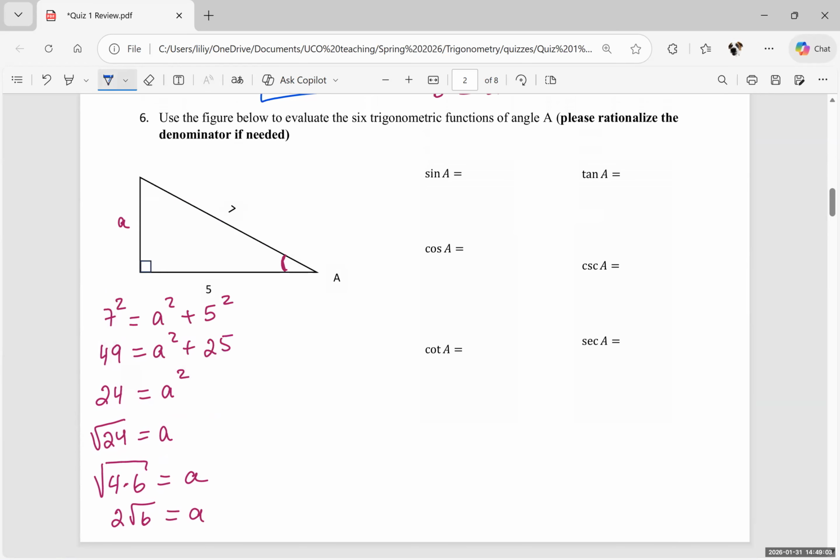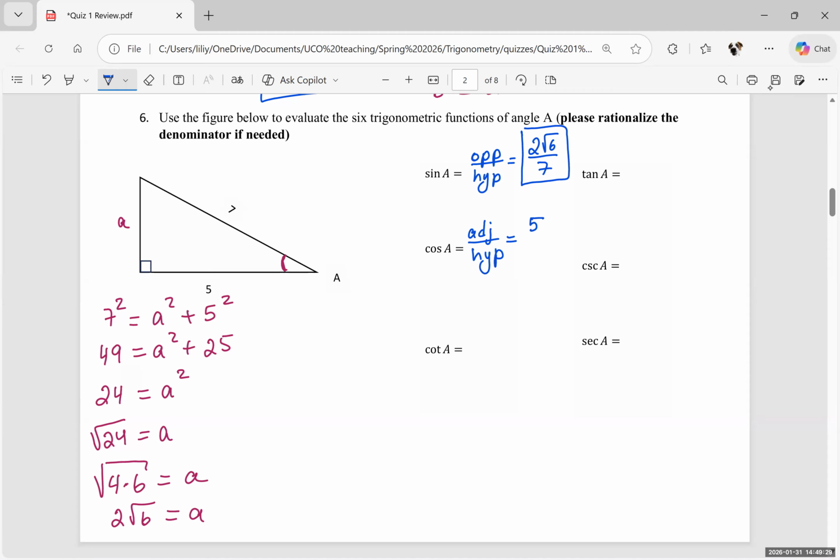Sine of A, that's opposite over the hypotenuse, which means opposite is side A, 2 square roots of 6 over the hypotenuse, which is 7. So that is sine A. Cosine A is adjacent over the hypotenuse.